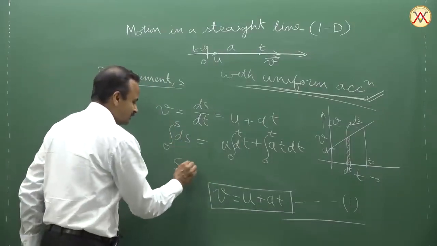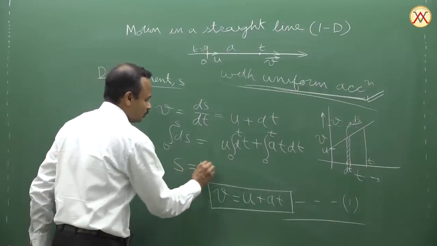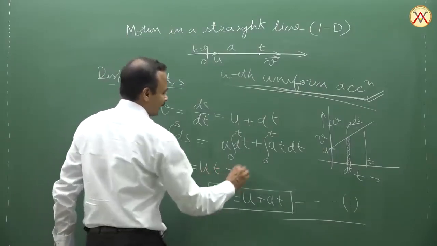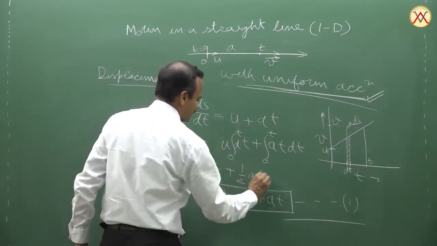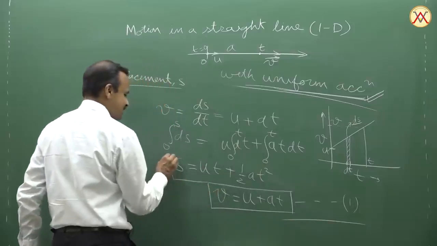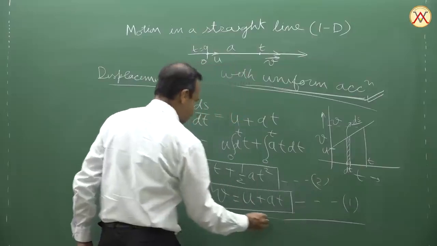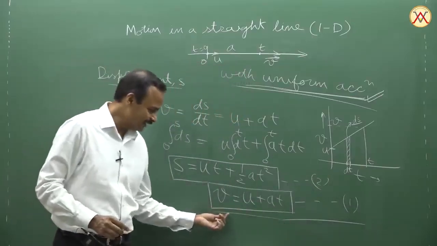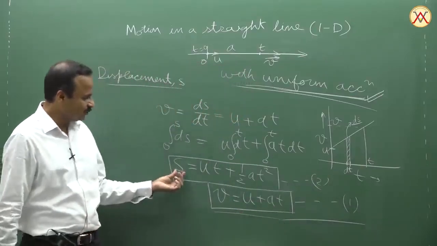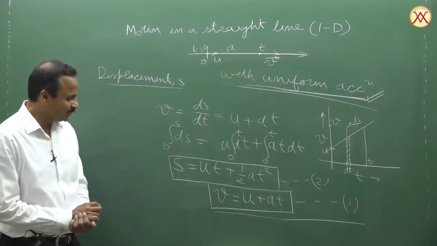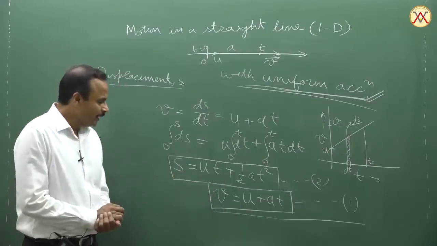So this becomes s is equal to ut plus half at square, which is the second equation of motion. The first one gives us the velocity as a function of time. The second one tells us the displacement as a function of time.